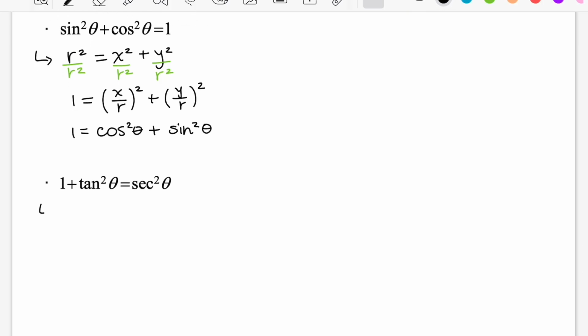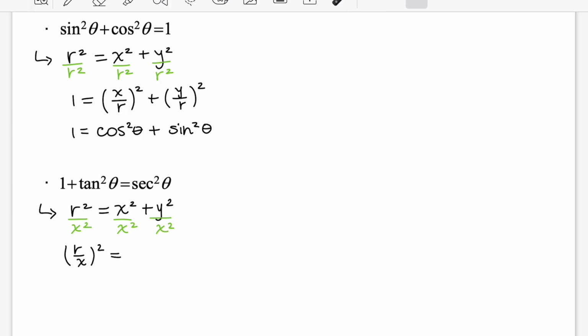We'll do a similar explanation for the second identity. Our Pythagorean theorem tells us this here. If we were now to divide both sides by x squared, on the left-hand side here, we'll get r over x squared.